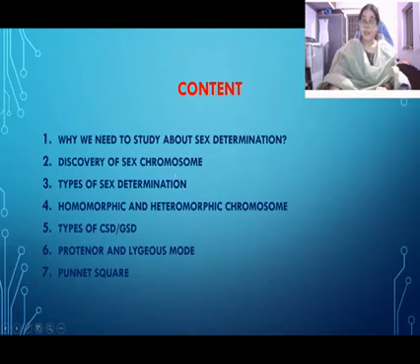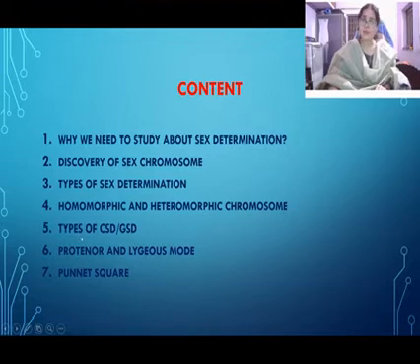What are the contents we are going to cover in today's class? Why we need to study sex determination, then who discovered these sex chromosomes. We will also see what are the different types of sex determination. Then we will have a brief idea about the homomorphic and heteromorphic chromosomes.